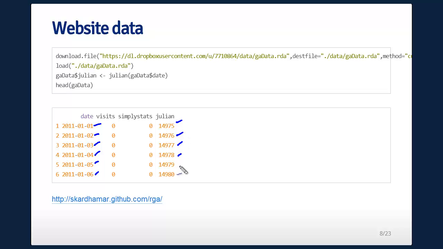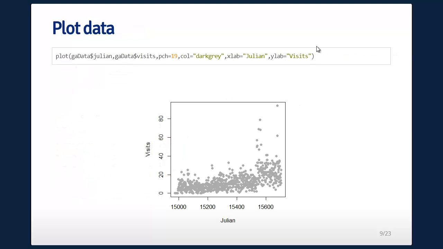I guess I'm wrong. R doesn't automatically print the Julian dates out as dates. So here's the original date variable in date-time format, and here it's converted to Julian dates. You can see that they just increase by 1 each time, because Julian dates are a measure of the date from a specific date in days. Okay.